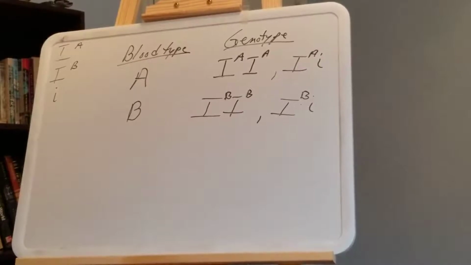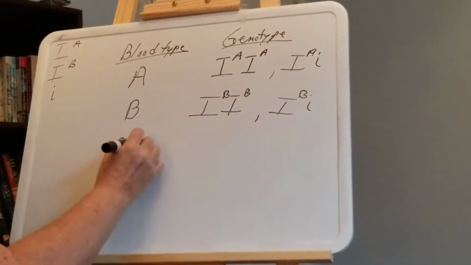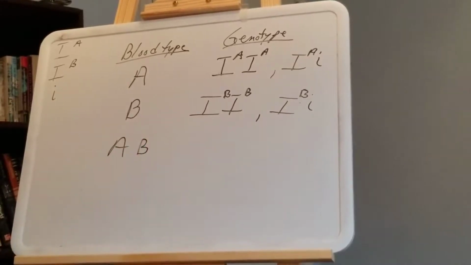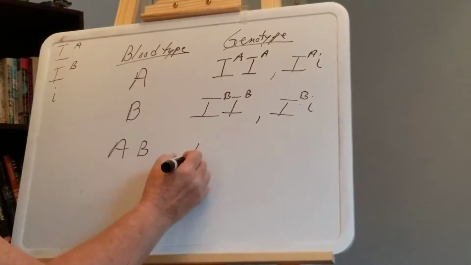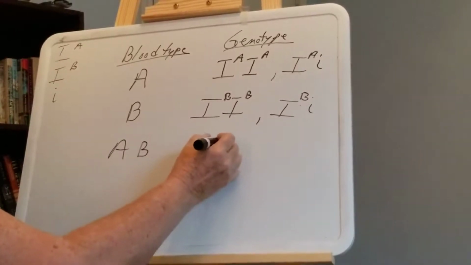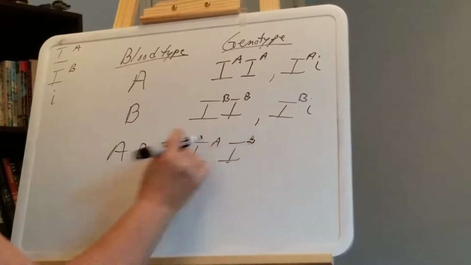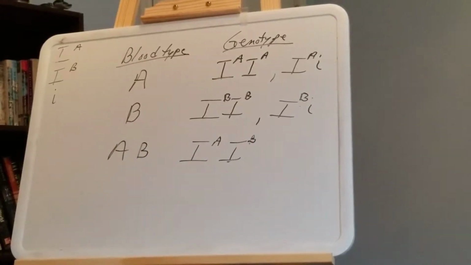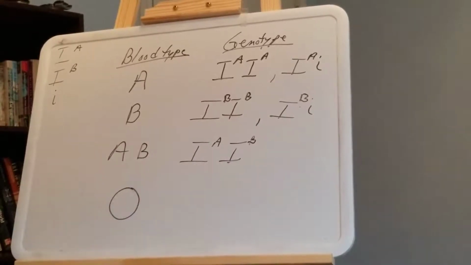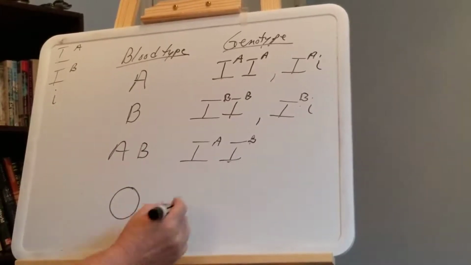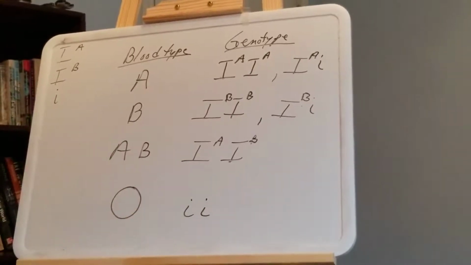If you are type AB blood, the only way this is going to work is if you have expression of these two genes. So you have to have a big IA to get the A component, and then you would have to have a big IB to get the B component. And then if you are type O, O is recessive, so the only way you're going to see that is if it's lowercase i, lowercase i.